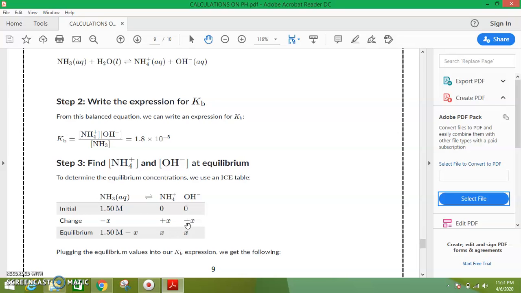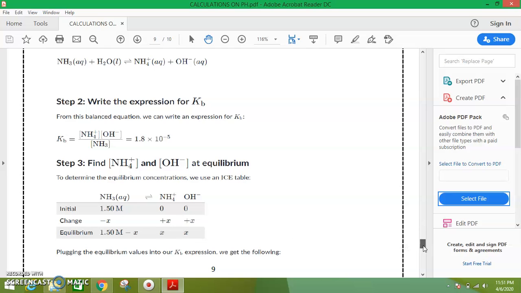Here we write X and X, but with a positive sign. It means addition, meaning we convert concentration from reactant into product. Then at equilibrium, when the reaction reaches the balanced stage, you take initial minus change: 1.50 molar minus X, and here 0 plus X, 0 plus X, you will get X.